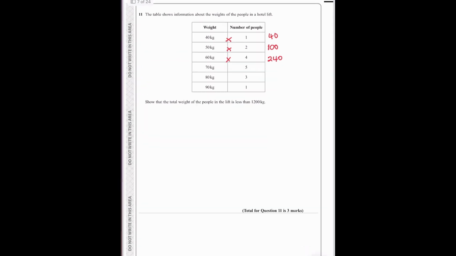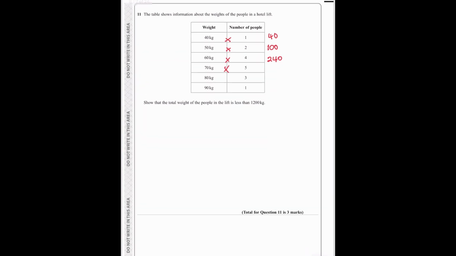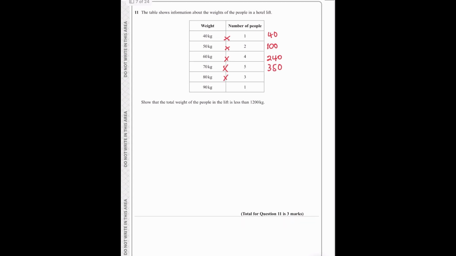We have 5 people at 70. So that's 350. We have 3 people at 80, so that's 240. And we have 1 person at 90. So if we add those all up, we get 1,060, which is less than 1,200.